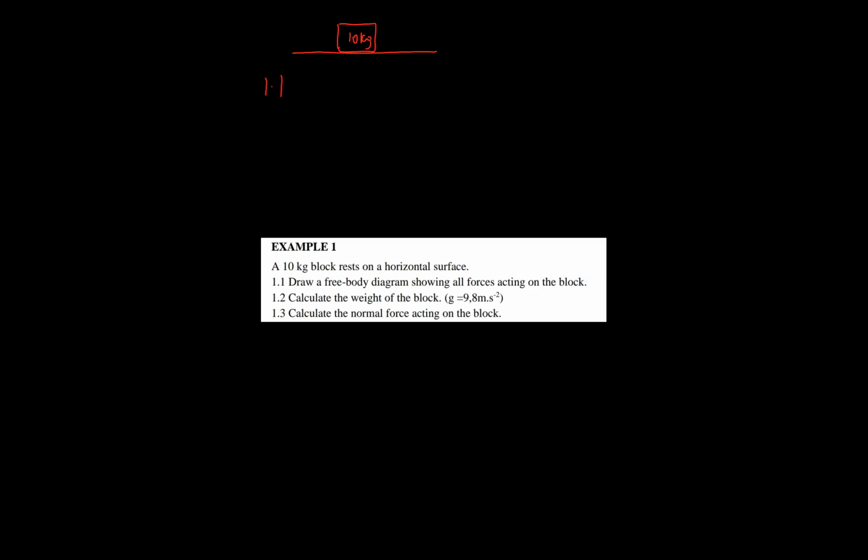Then let us draw the free body diagram. Remember, when you're asked to draw a free body diagram, you must label your forces. N for normal, and we have this one, weight W for weight. Some use FG, still okay.